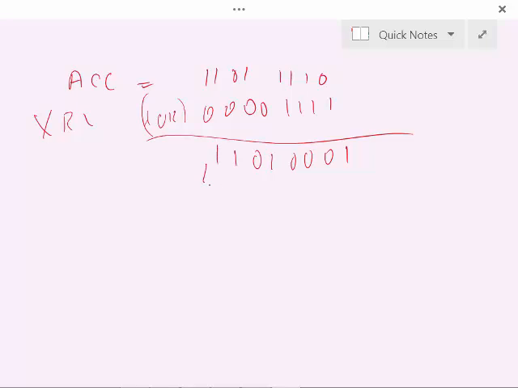Now notice that these 4 bits are not changed. These 4 bits are complemented. In other words, I've reversed them. So when I do an XOR, I complement by bit.